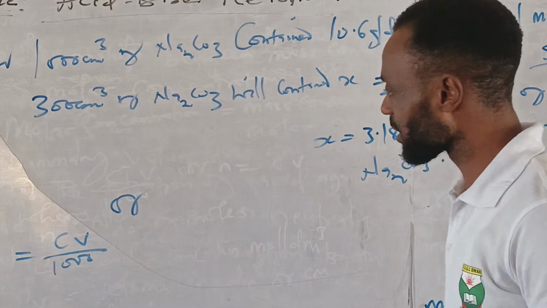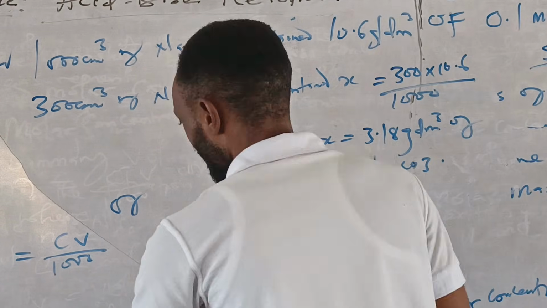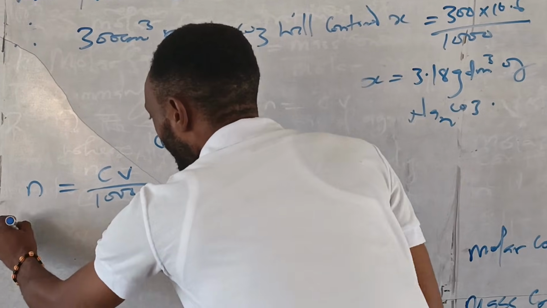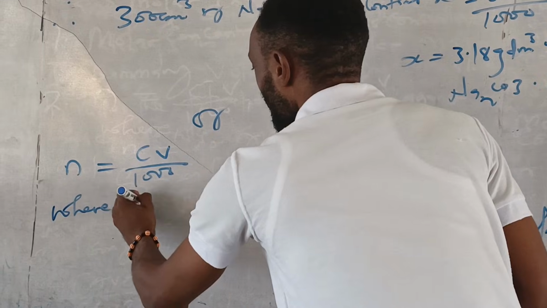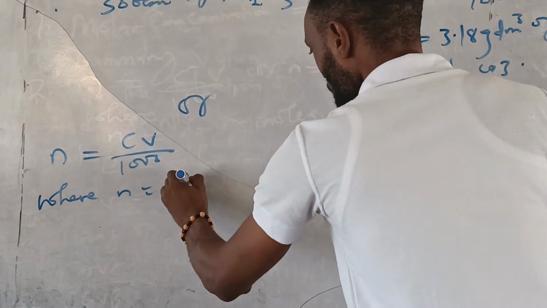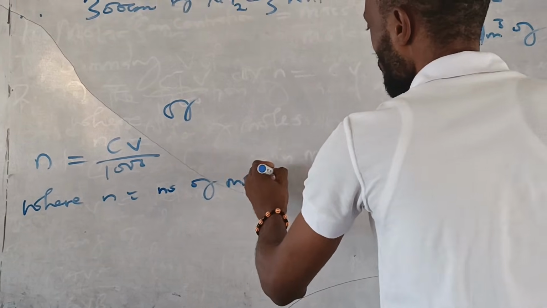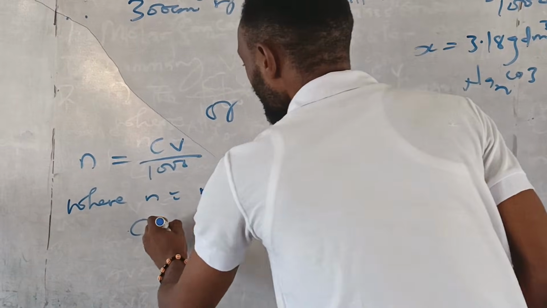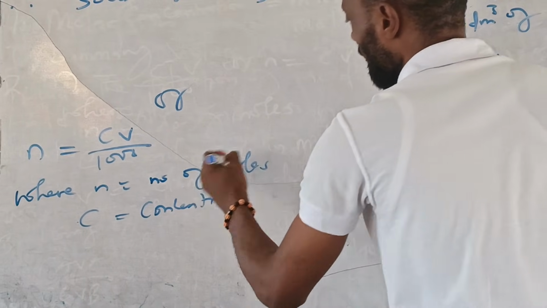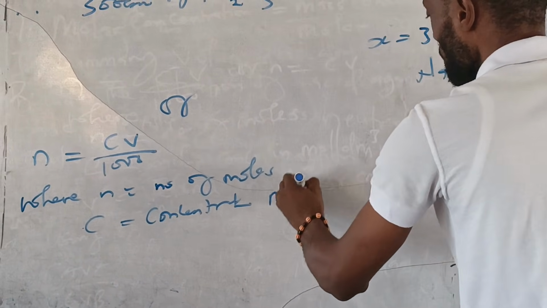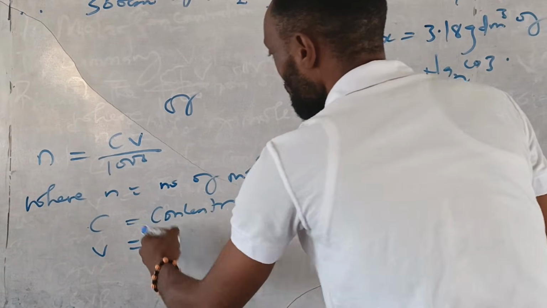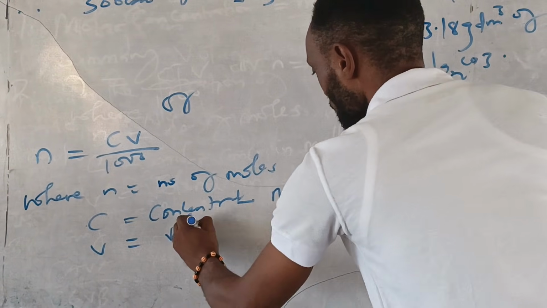So now we'll go by this formula, and then we have it as n. Our n is the number of moles, c is the concentration, the molar concentration in mole per dm cube, and v is the volume.